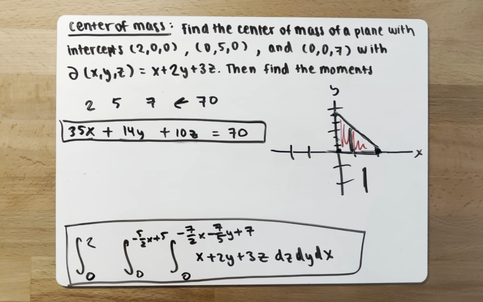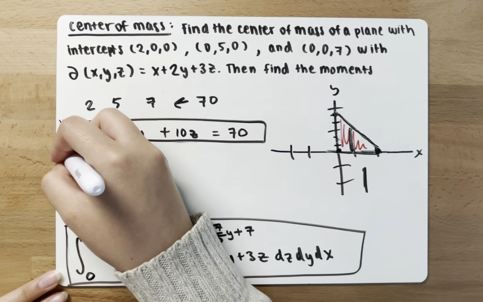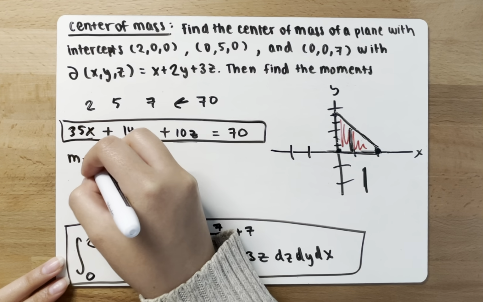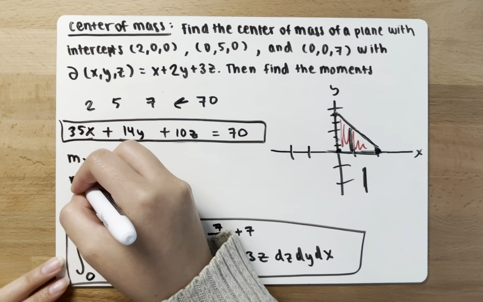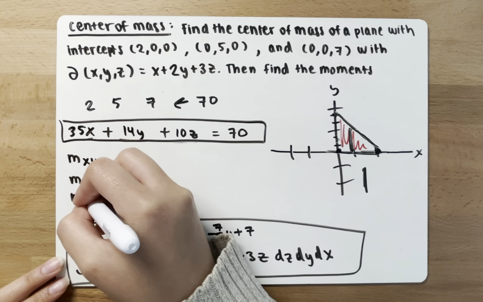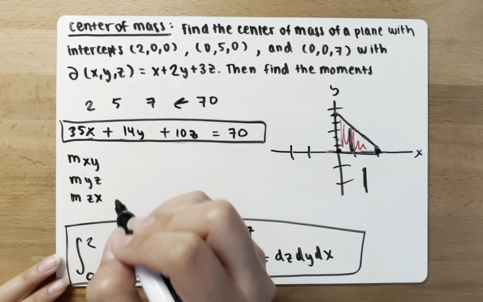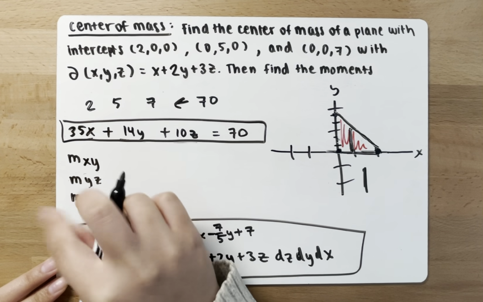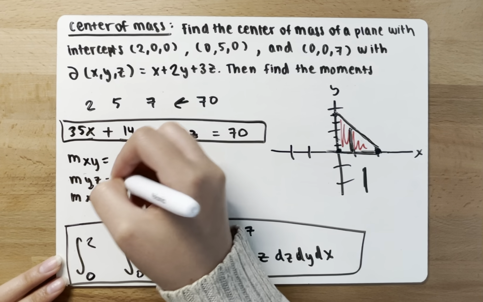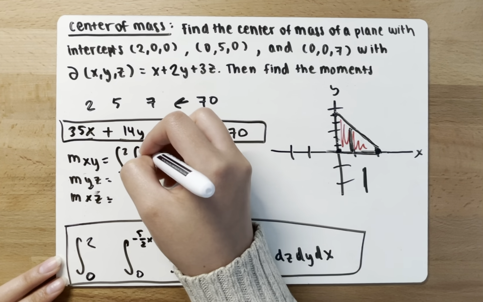Now let's move on to finding the moments. For this problem, you will have to find the moment of xy, the moment of yz, and the moment of xz. And to find moments, the boundaries will be the same.